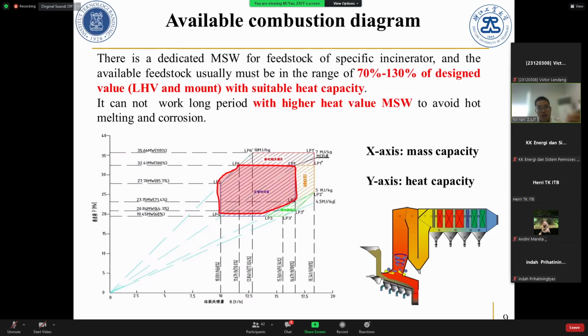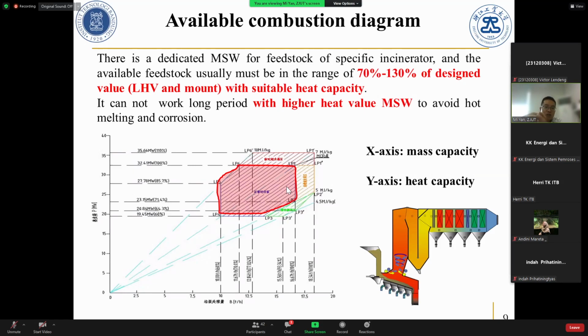If too few, the temperature is not enough. If too much, the temperature will be high, right? LHV is the same. So this is the requirement. During the design, we can get this diagram showing how much LHV or amount can be fed. When the LHV is lower, we can increase the amount.